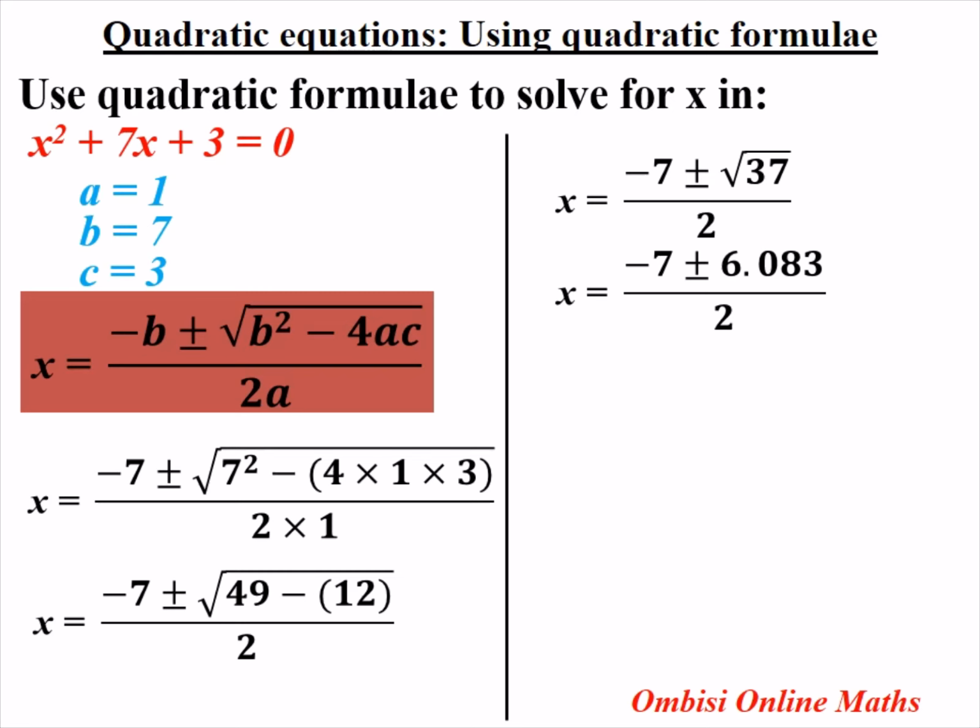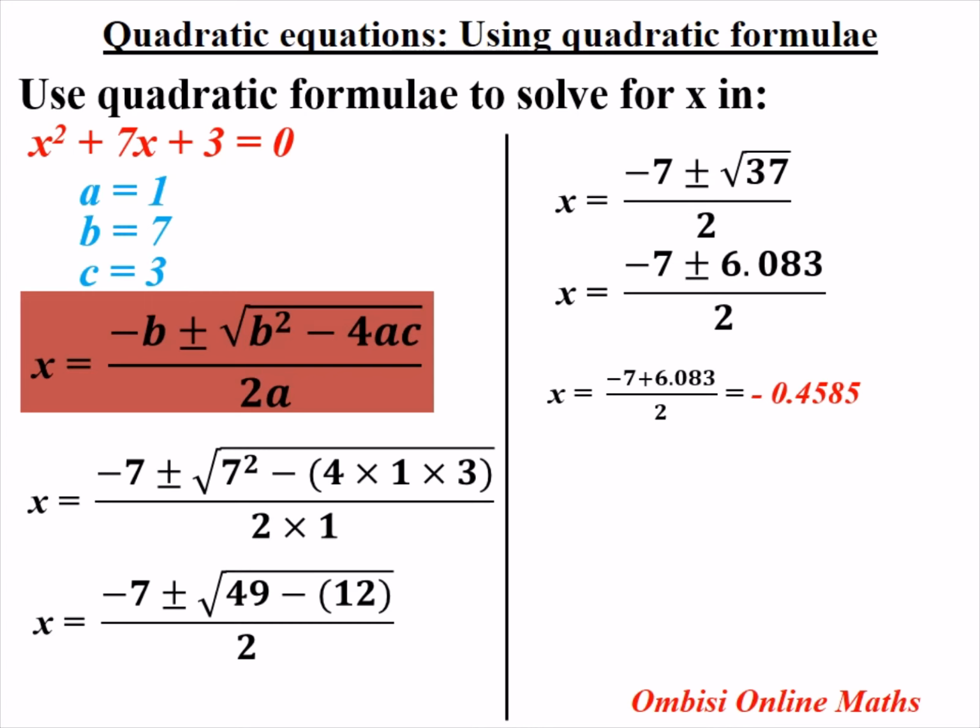So the first value we'll find when the square root is positive. The second value is when the square root is negative. So the first value is negative 7 plus 6.083 divided by 2, and this gives us negative 0.4585. So that is the first value of x.